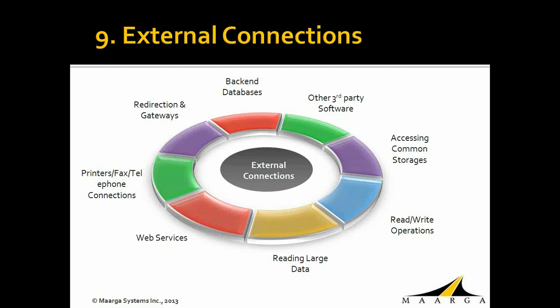These are external connectivities where the internal code might not be a problem itself, but one of these connections might be slower, which results in overall performance issues in the applications.